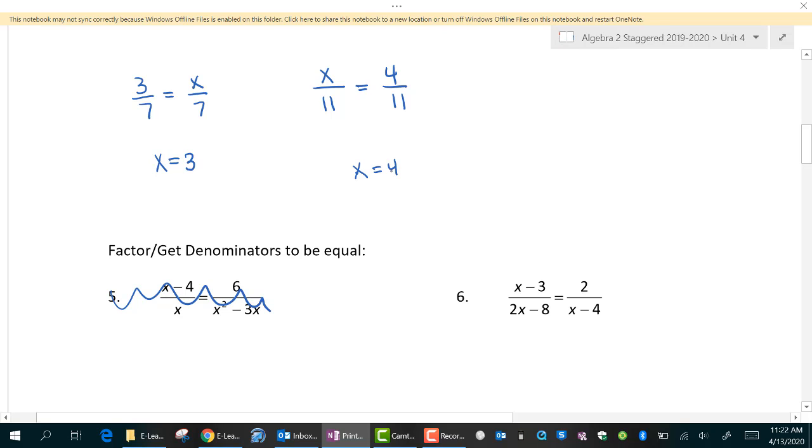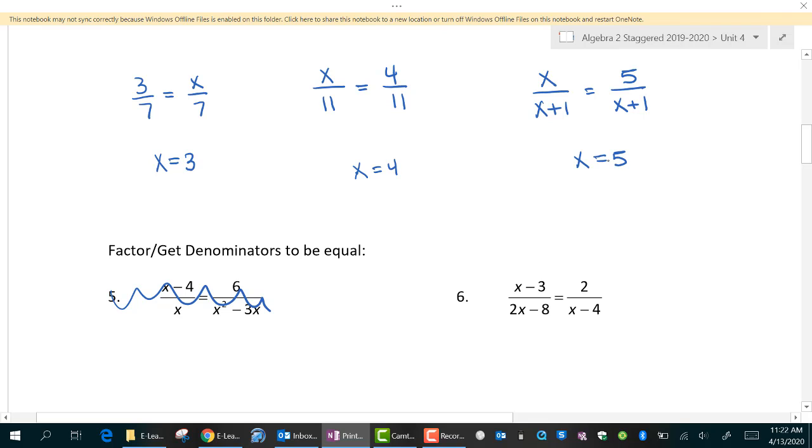Well, what if I made it slightly more complicated? x over x plus 1 equals 5 over x plus 1. Now, don't let this one trick you. Again, because my denominators are the same, my numerators must be equal, so x equals 5.